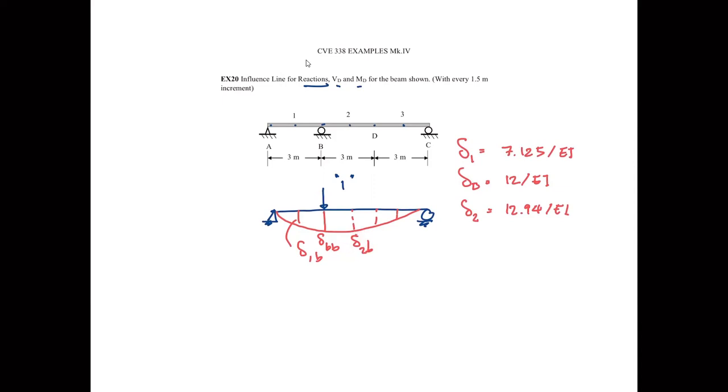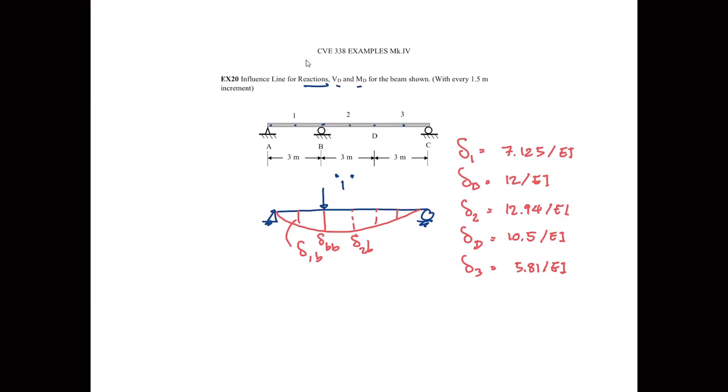Then delta D is equal to 10.5 over EI, and delta 3 is 5.81 over EI.